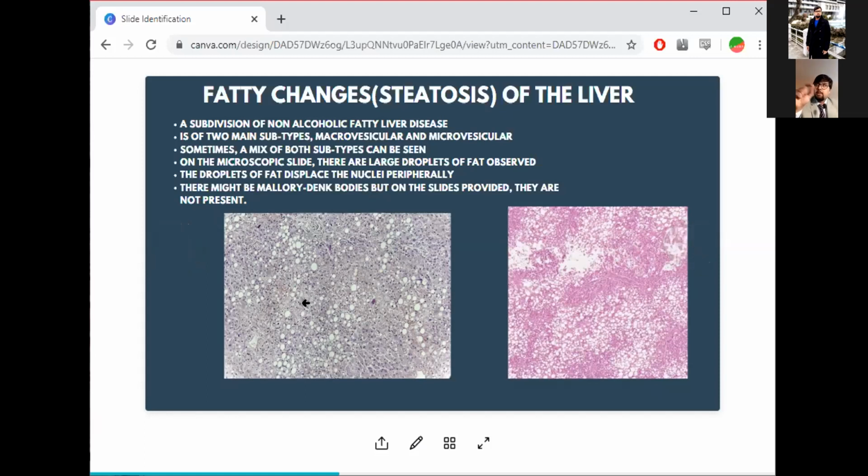They look a bit like clouds, and you'll see them within the cell itself. So within these white spots, you might be able to see some Mallory-Denk bodies. Now, in both the slides, it is not there because we don't look at Mallory-Denk bodies in steatosis typically. We usually observe them when the steatosis has progressed to steatohepatitis, right?